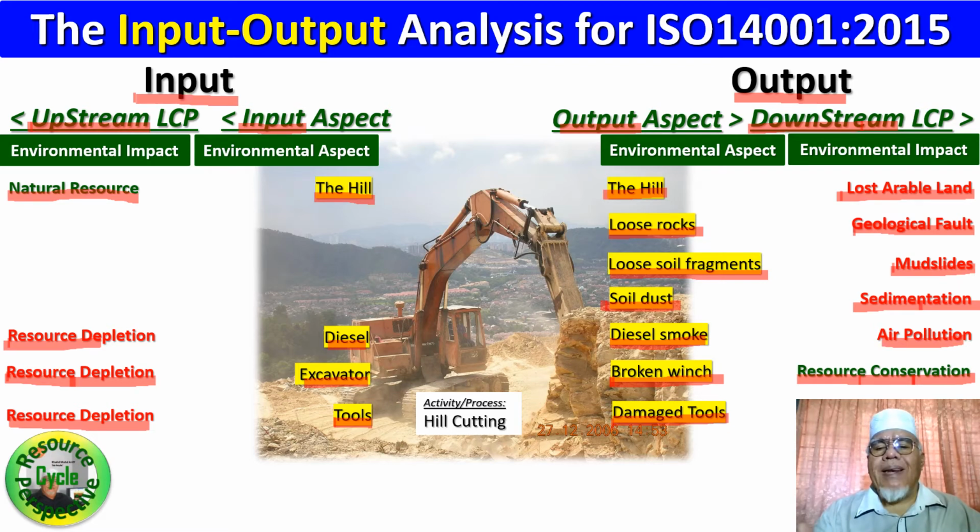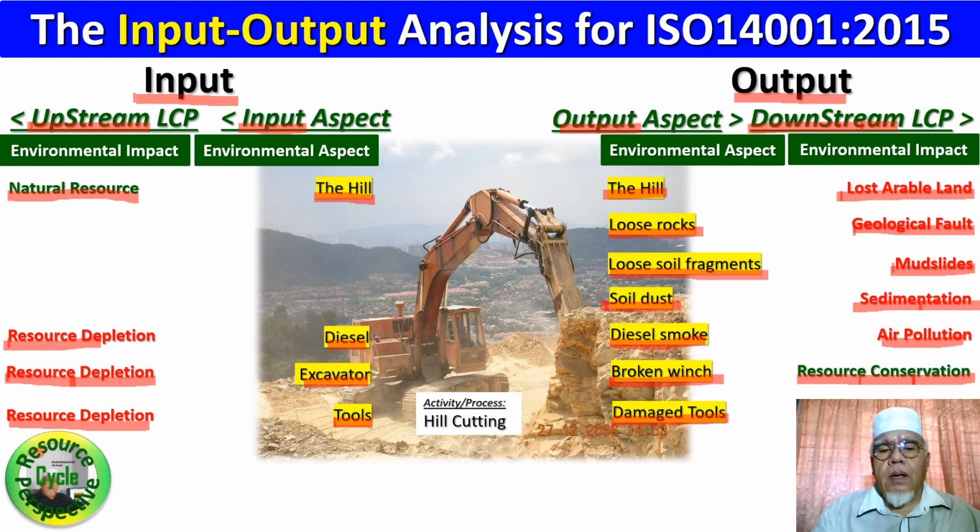So how to manage them, we got to think. Is our existing procedure adequate, or did we miss out certain things, some details that would manage these environmental aspects? If it is not there, now it's time to insert in the procedure. That is how we manage environmental aspect.